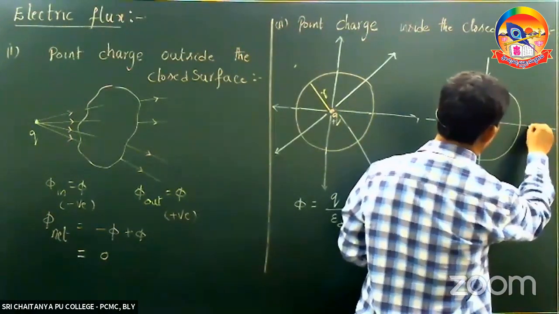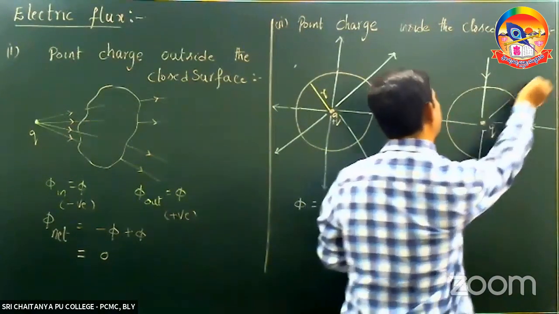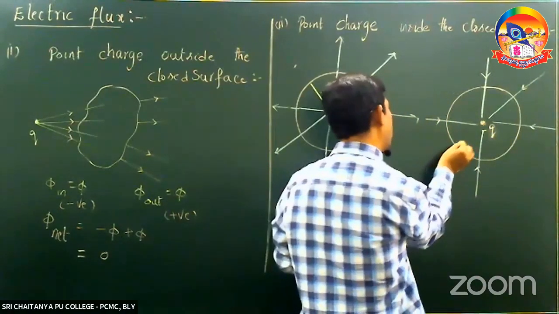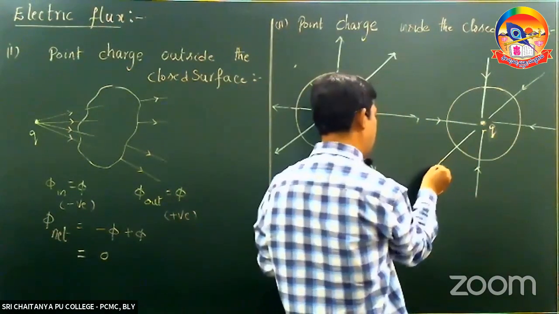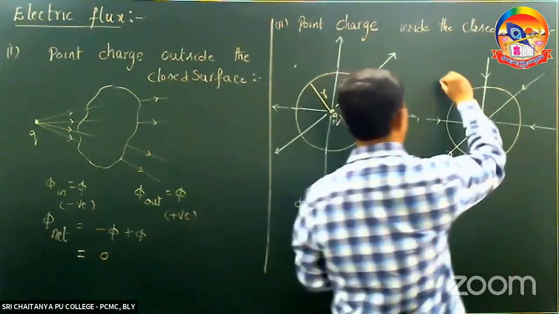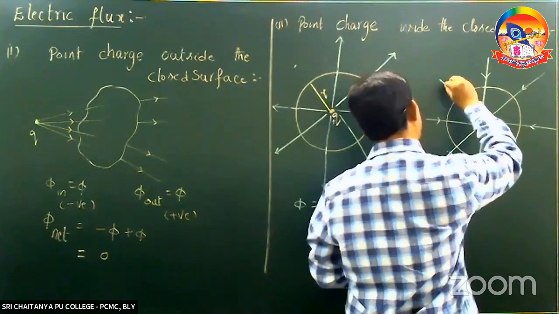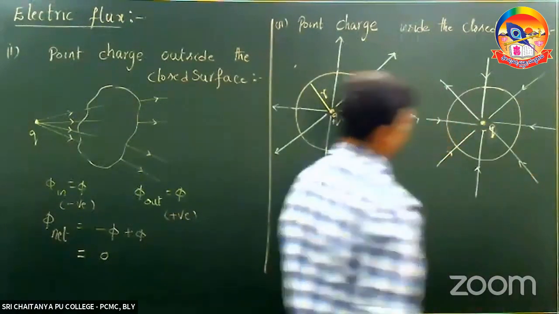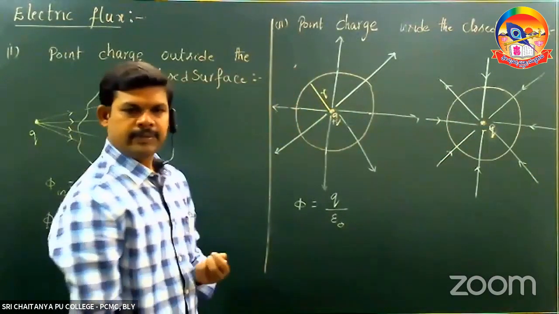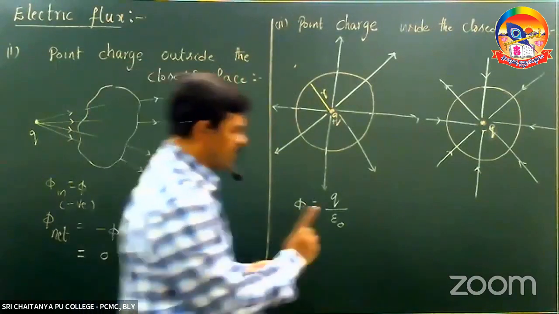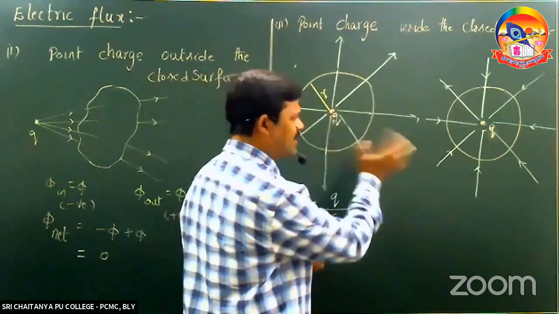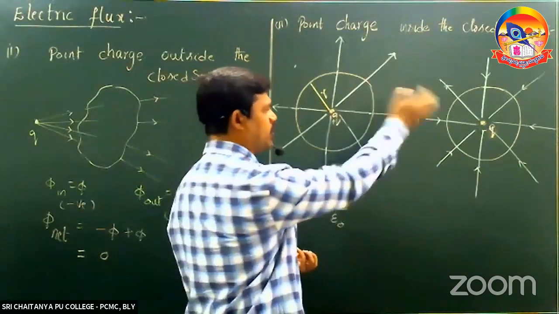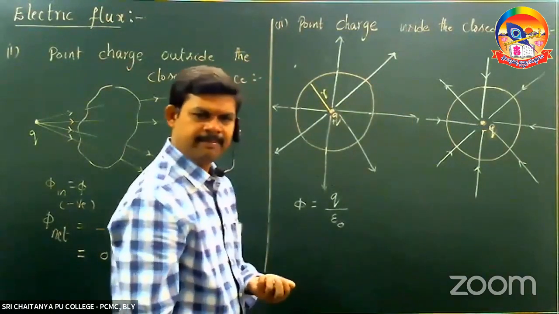In the properties we studied, for a negative charge, electric lines converge onto it, right. So what is the flux, sir? Nothing is different. Same spherical closed surface in which charge Q is placed.